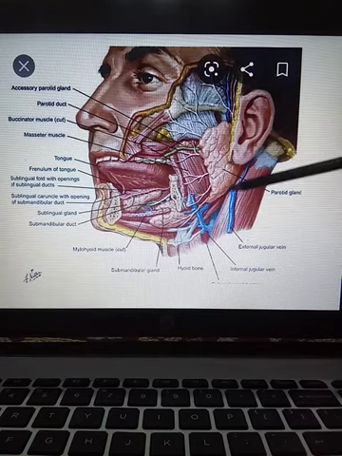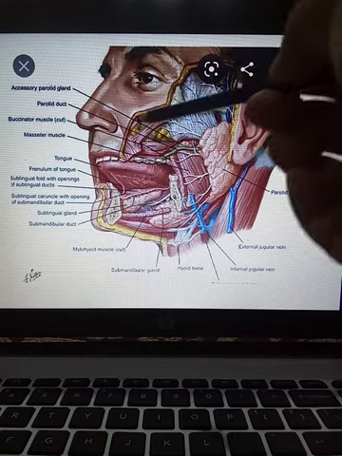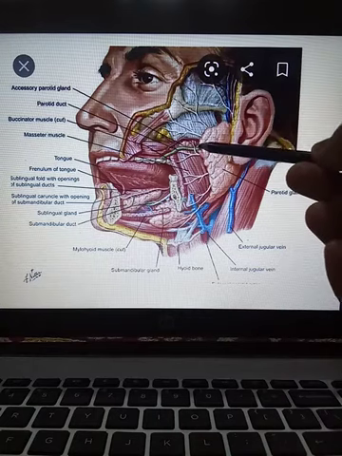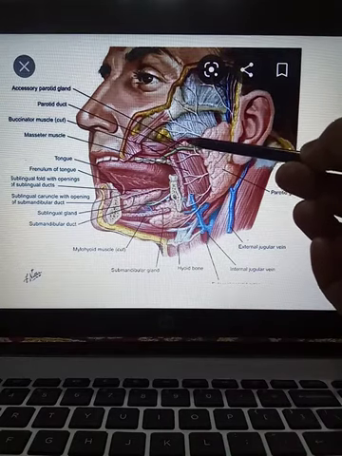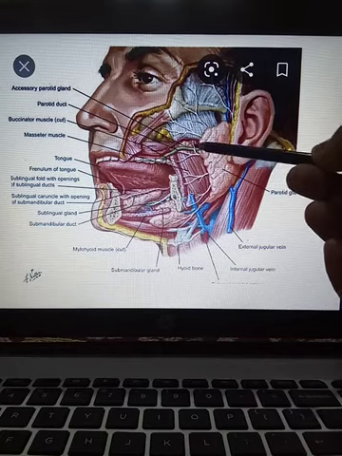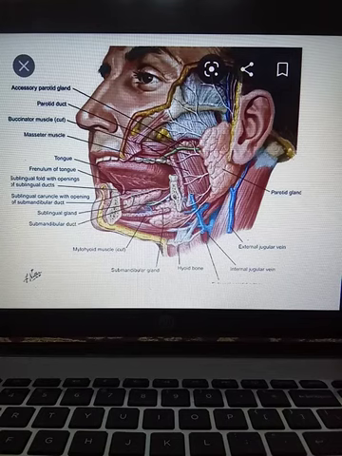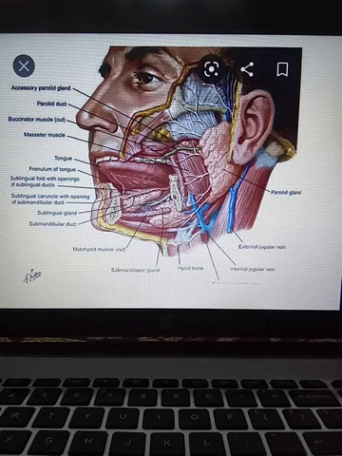It lies over the masseter muscle. Sometimes anteriorly it can have an extension. Can you see this small part here? This is called the accessory parotid gland, which is an extension often detached from the parotid gland.